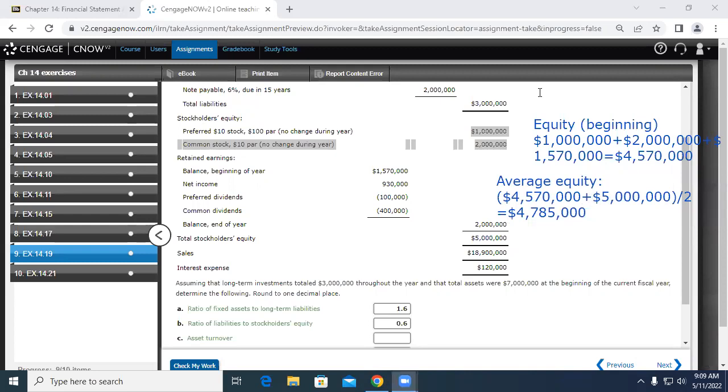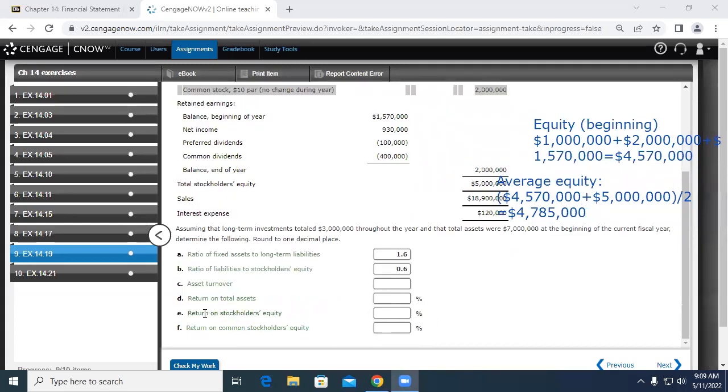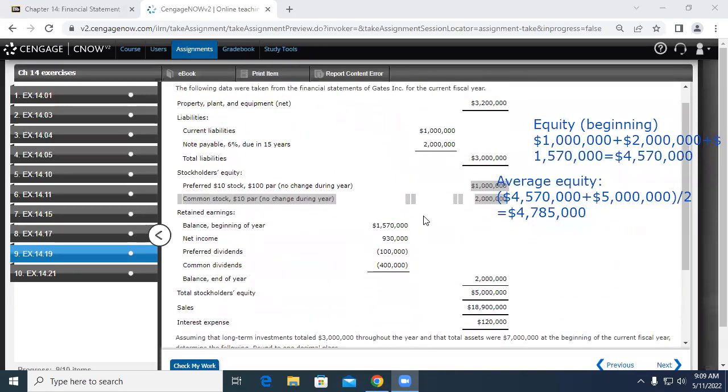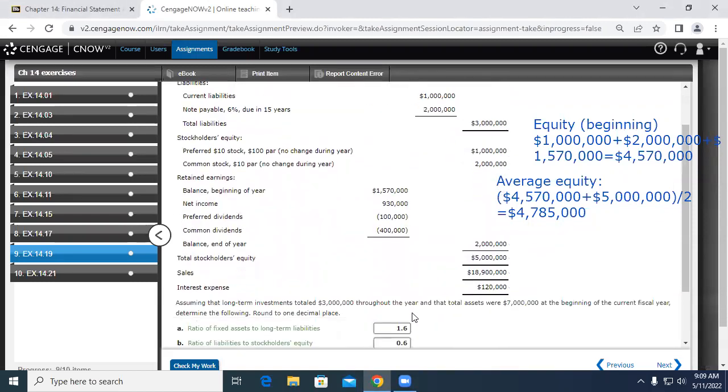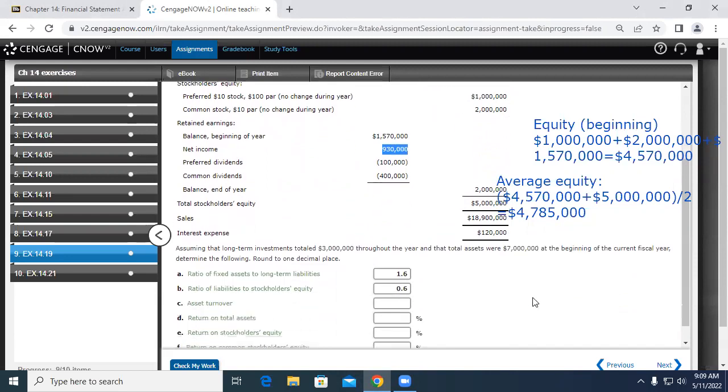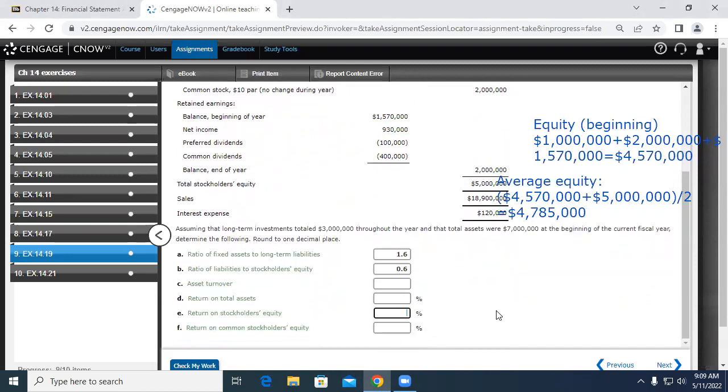Okay, so once we have that, we can find our return on stockholders' equity, which is the net income, which is given right there, $930,000 divided by our average equity. Then we're asked to round to 1 decimal place. Since this is expressed as a percent, that would be 19.4%.